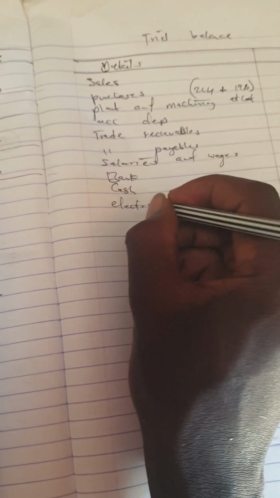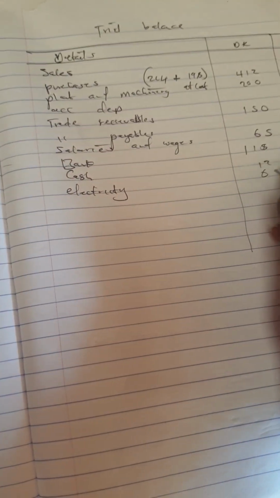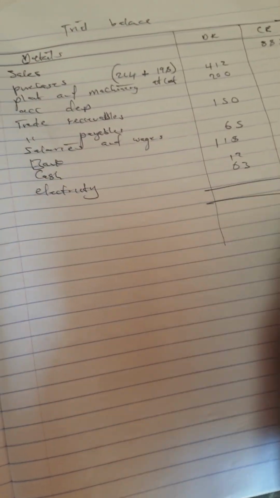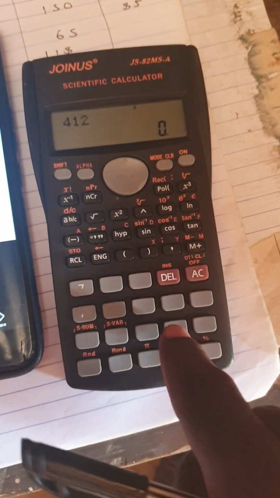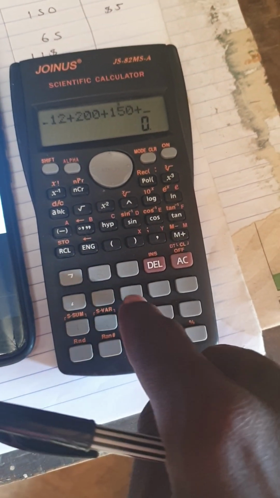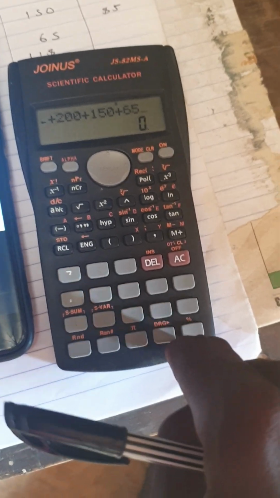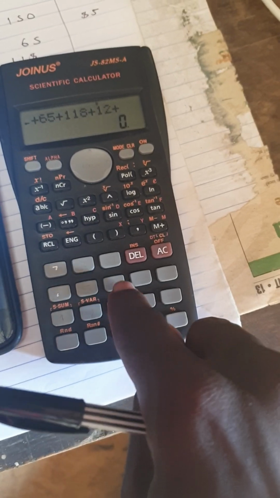Electricity 63. I was just copying the information from the question itself, so that if you add our debit side, it should be equal to the credit side, which simply means everything we've done is okay. So we have 412 plus 200 plus 150 plus 65 plus 118 plus 12 plus 63.